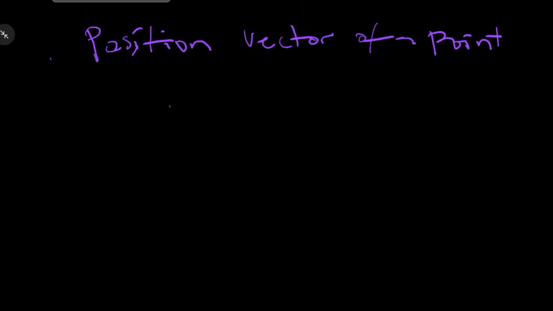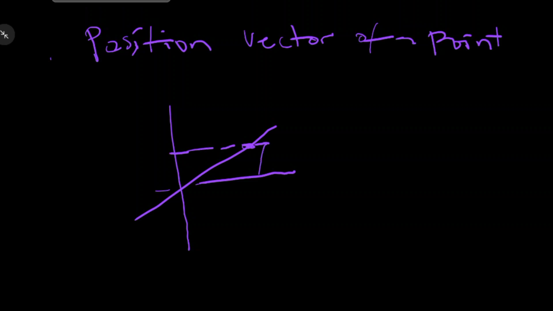Let's say, for instance, we have our rectangular coordinates, and let's say we're looking for an object in space, which is here. So the position vector of a point explains where the object is in space.